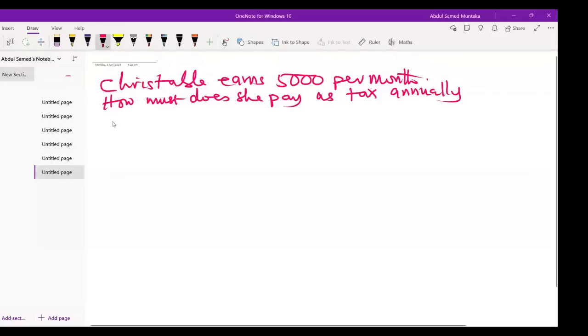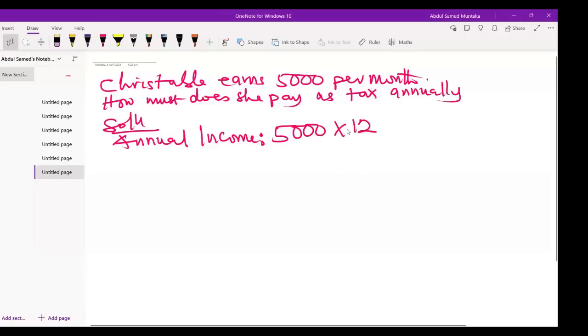So first, you must determine her annual income because she's earning 5,000 cedis per month. Meanwhile, you are asked to determine how much tax she pays annually. It will be 5,000 times 12, and that will give us 60,000.